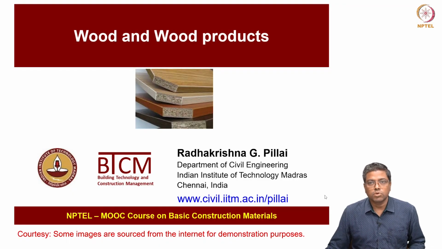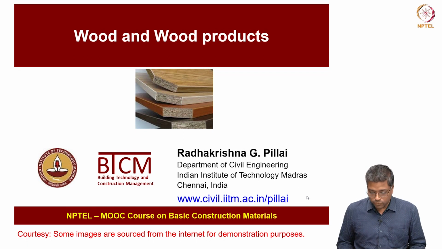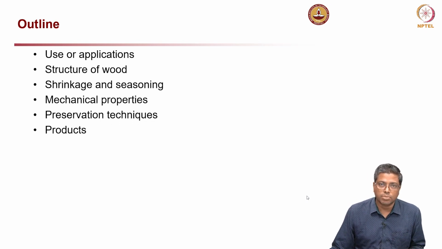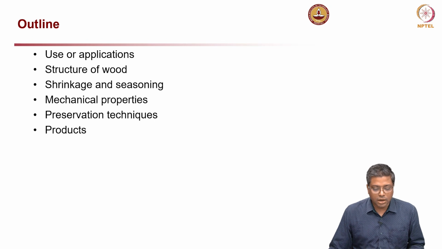As part of this MOOC course on basic construction materials, this lecture will cover wood and wood products. We will talk about the uses or applications of wood, and then look at the structure of wood, how it is made, and then shrinkage and seasoning, that is, shrinkage-related problems and how to address them.